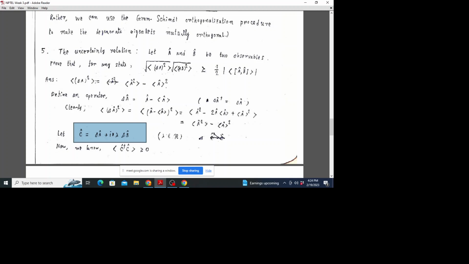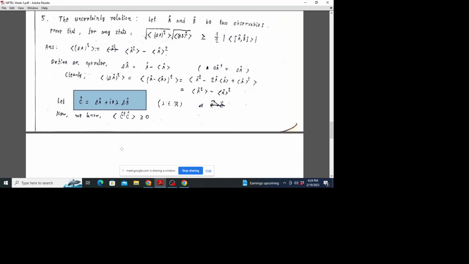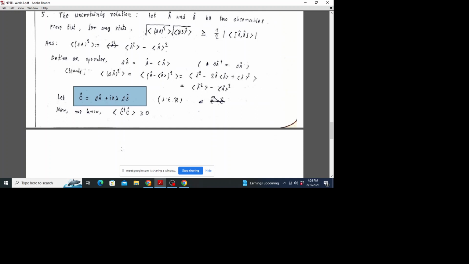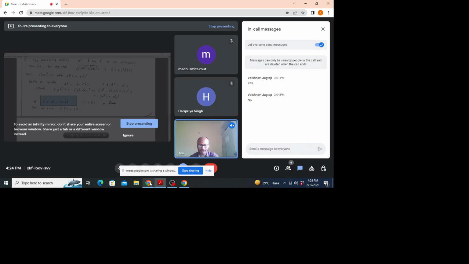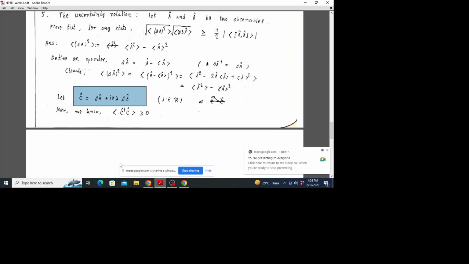So the expectation value of C dagger C is greater than or equal to 0, so it is like a squared norm of a state. I think this was discussed in the study material for this week, that the expectation value of this C dagger C should be greater than or equal to 0. And I have just used this information.